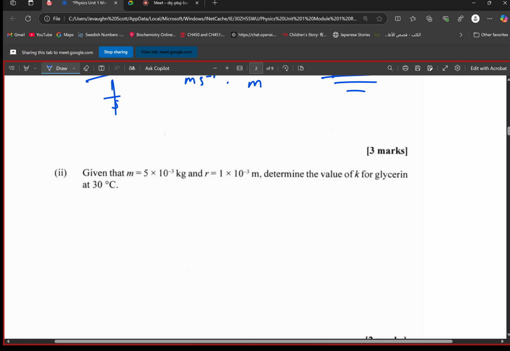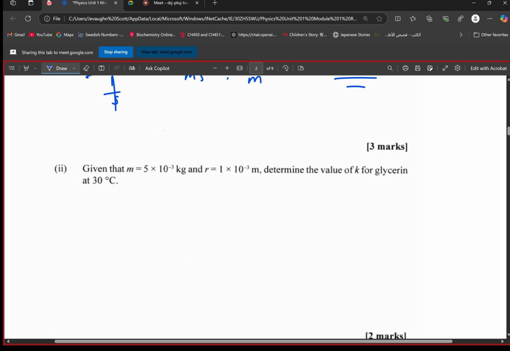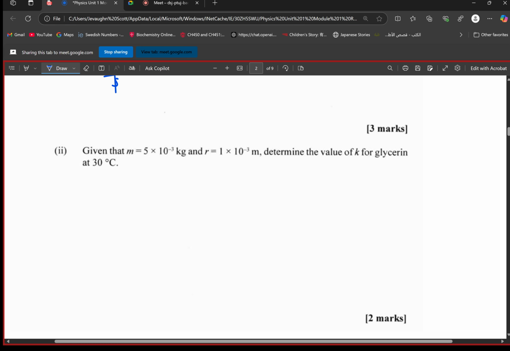Alrighty. But what I was saying here is that I'm not too sure if CAPE just expects you to know what's happening here. But based on the equation above, we do not have the terminal velocity, therefore we cannot answer the question. If there's anybody that points out that you can still answer the question, I really don't know.